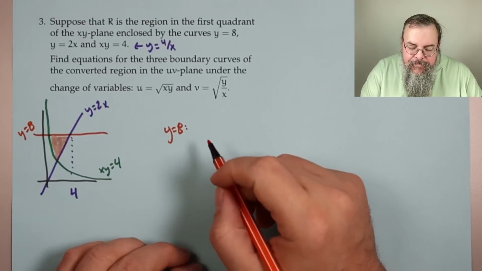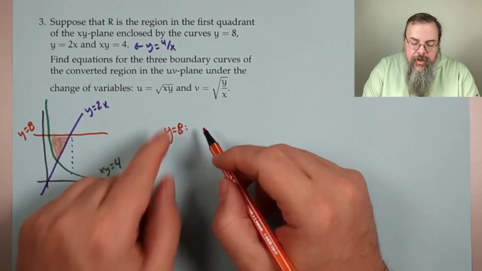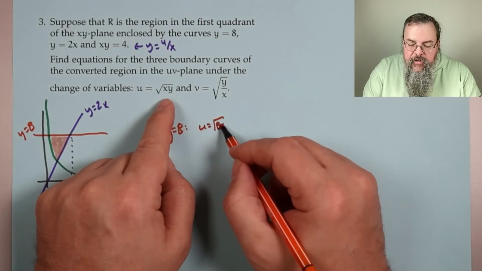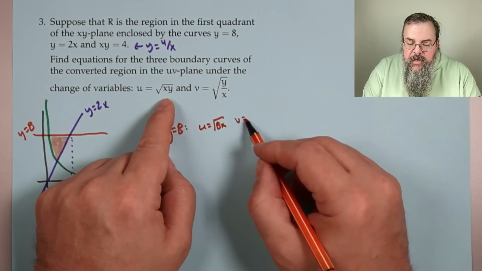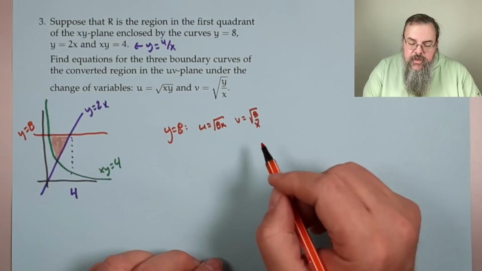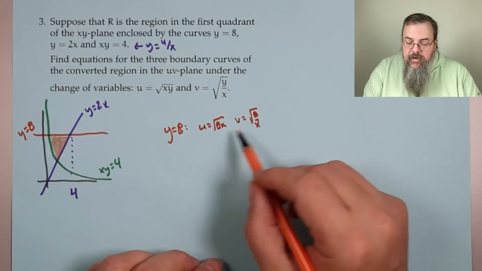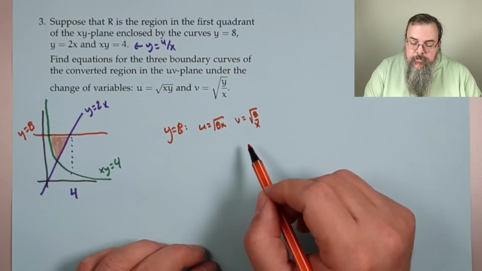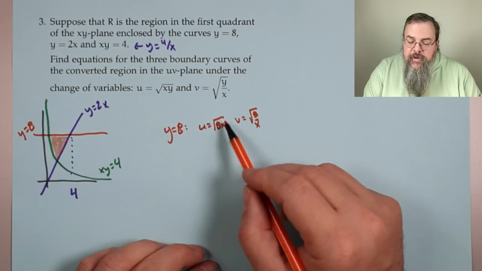And one way to do this is to say, okay, we really can say, look, u equals square root of 8x, v equals square root of 8 over x. And now the question is, is there a way to combine these that could eliminate an x? And we say, well, here it's like you have a square root of x upstairs.